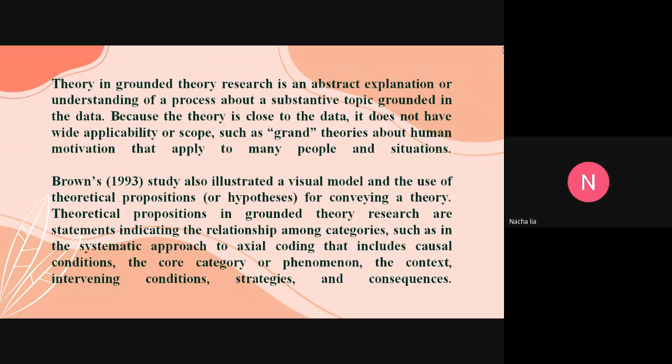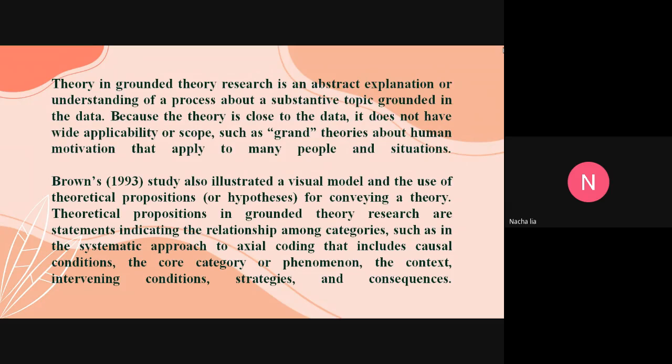Theory in grounded theory research is an abstract explanation or understanding of a process about a substantive topic grounded in the data. Because the theory is close to data, it doesn't have wide applicability or scope, such as grand theories about human motivation that apply to many people and situations.